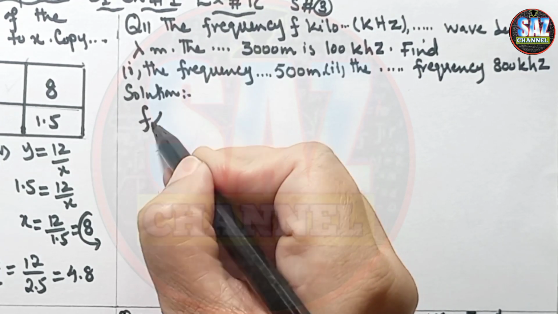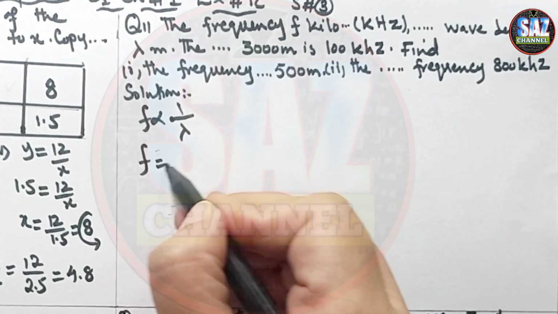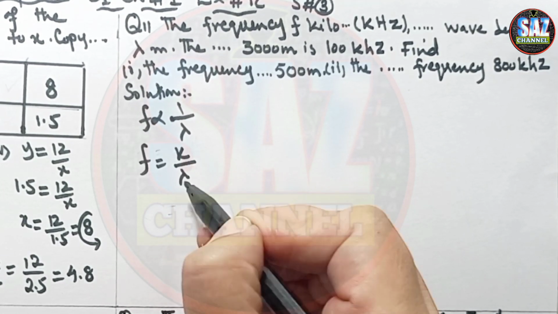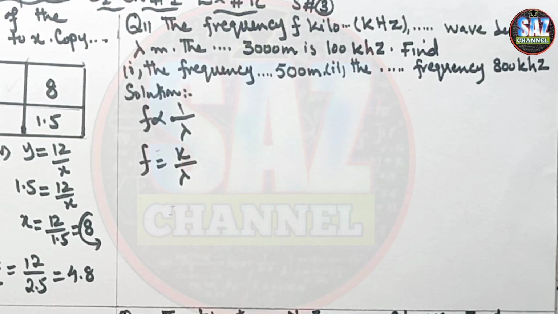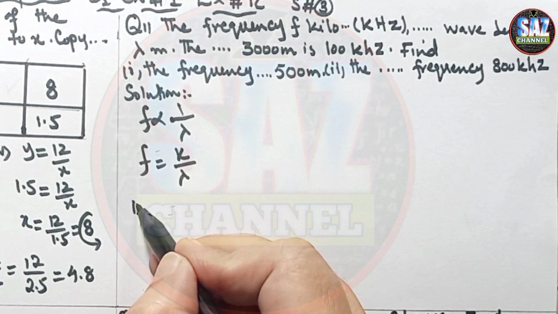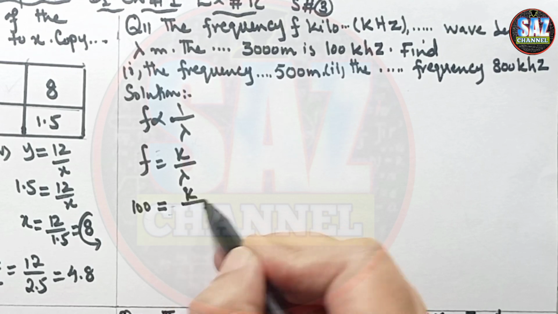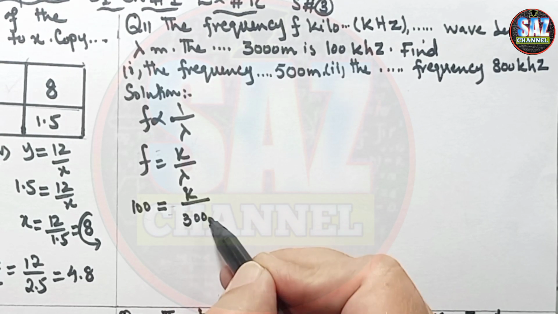So frequency equals k by lambda, and the next information is that the frequency of the radio wave that has the wavelength 3000 meters is 100 kilohertz. So instead of f I have to replace 100, and k upon lambda is 3000.